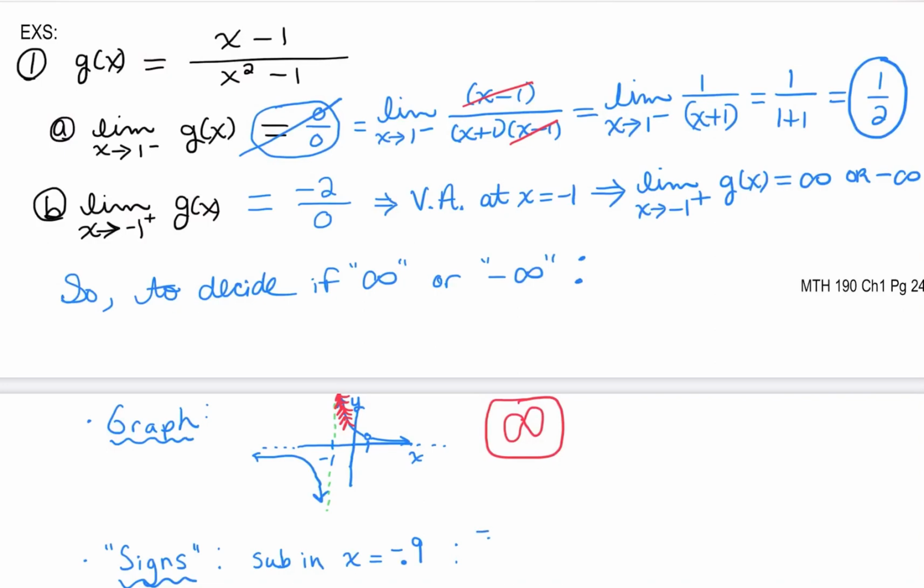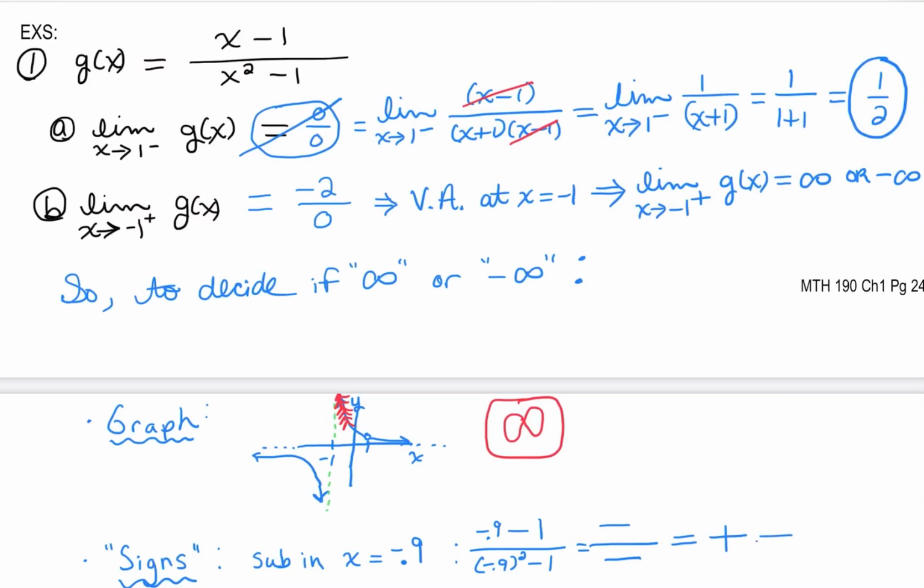What am I subbing this into? I'm just thinking about subbing this into my original function. So negative 9/10 minus 1 is negative 1.9, so you'd have a negative number divided by negative 9/10 squared, which would be 0.81, minus 1 would also be negative, and a negative divided by a negative is positive.